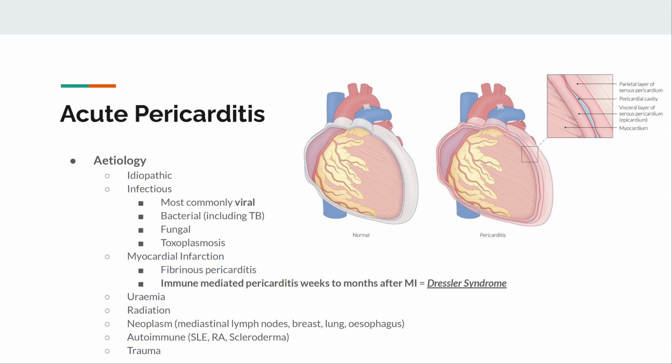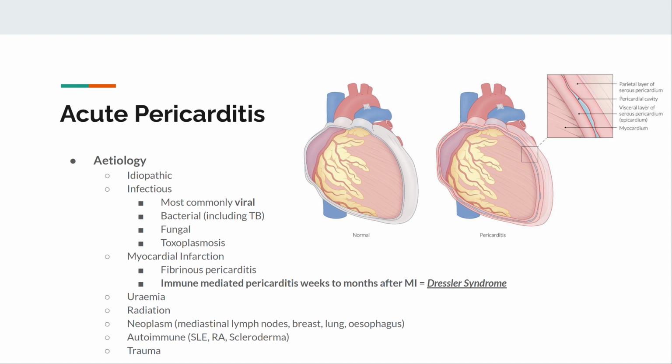It can be secondary to a nearby cancer, for example lymphoma in the mediastinal lymph nodes, or breast cancer, lung cancer, esophageal cancer. It can be an autoimmune process in someone with lupus, rheumatoid, or scleroderma. Or it can be secondary to blunt or sharp trauma, getting punched really hard in the chest, or getting stabbed in the pericardium. That's quite inflaming.